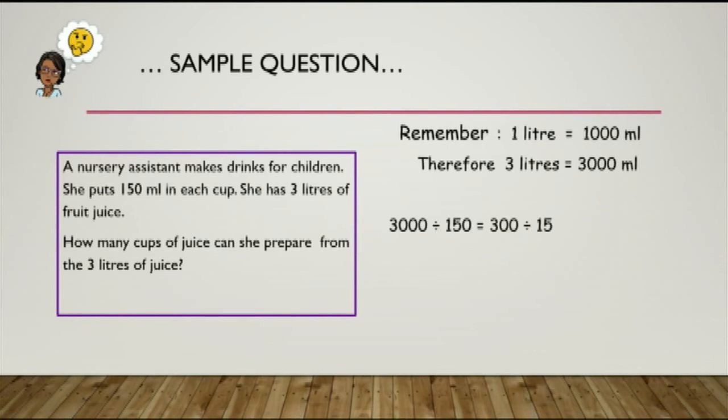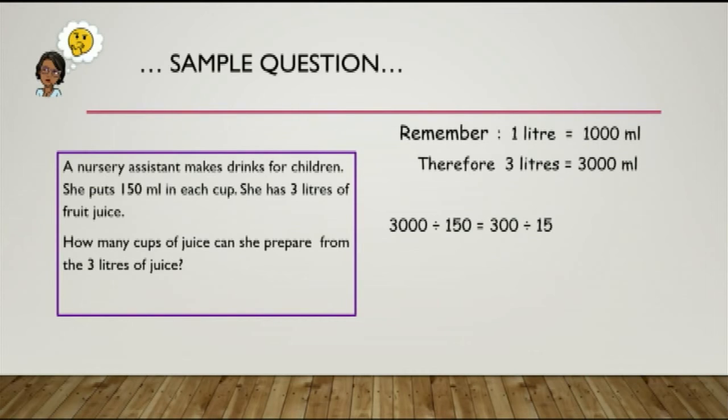So the 3,000 milliliters that's in the container, 150 in each one, we could take away the 150 over and over again, and we could get our answer. Each time you take it away, you count it off. That's one way you could do your answer.